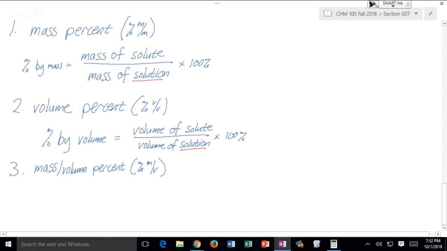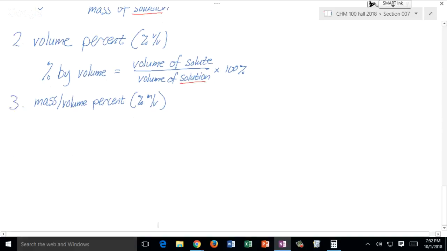Usually it's easier to weigh out your solute if it's a solid, and then it's easier to measure your solution by volume, because once it's dissolved, it's a liquid and you can get a volume. So this way you can use both of those measurements together.